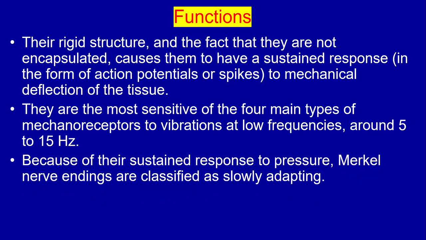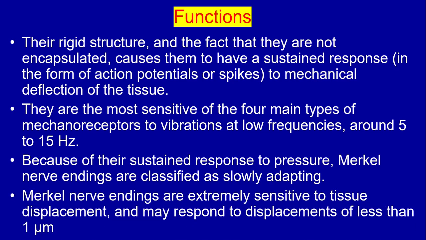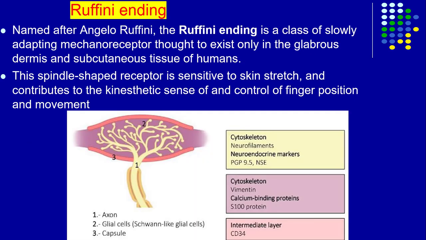Because of their sustained response to pressure, Merkel nerve endings are classified as slowly adapting. Merkel nerve endings are extremely sensitive to tissue displacement and may respond to displacement of less than 1 micrometer.